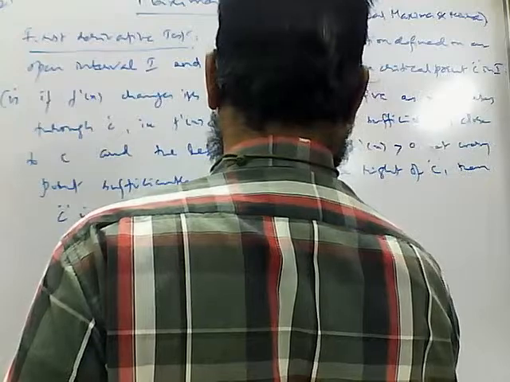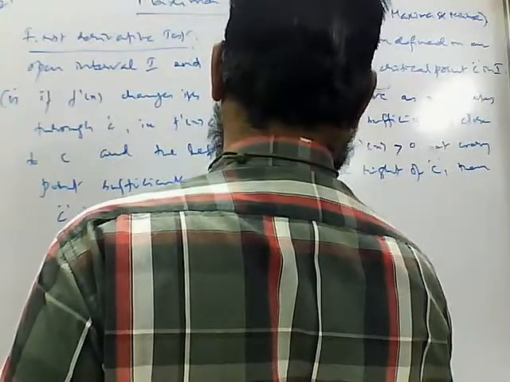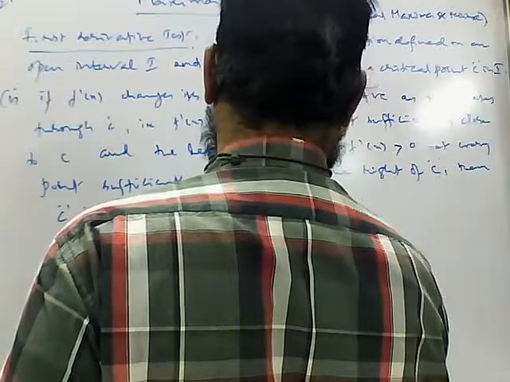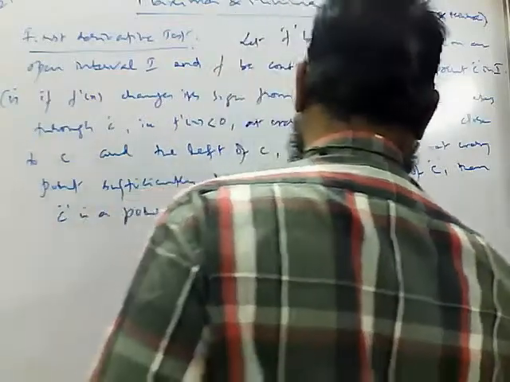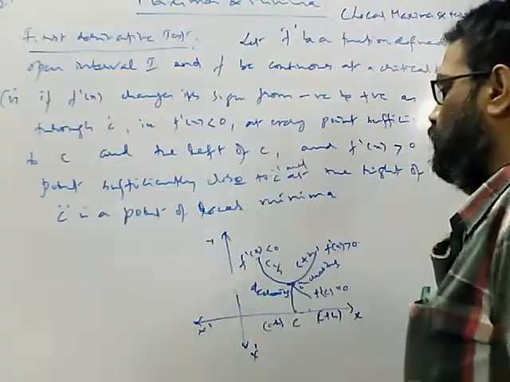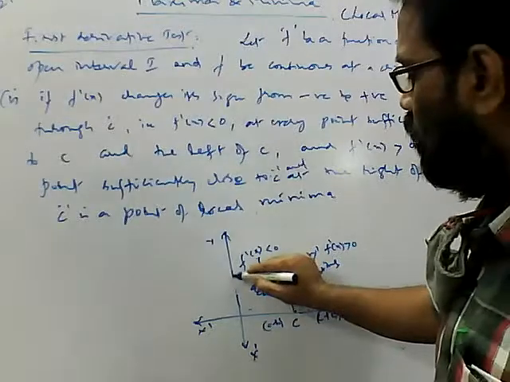C minus h, f dash x less than 0, f dash x greater than 0. This is about the local minima.